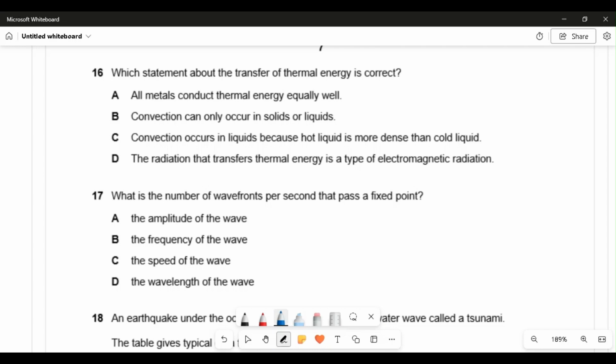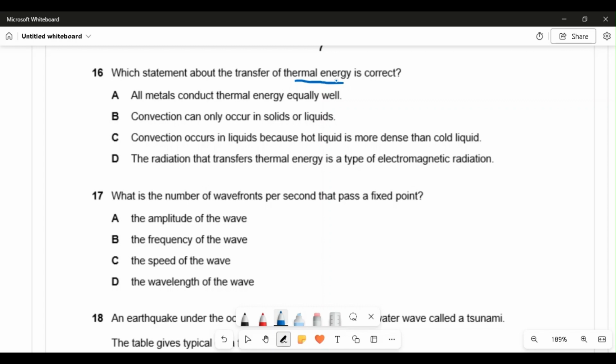Question number 16. Which statement about the transfer of thermal energy is correct? First of all, thermal energy or heat energy transfers in different materials in different ways, like in solids or metals, it transfers by conduction.